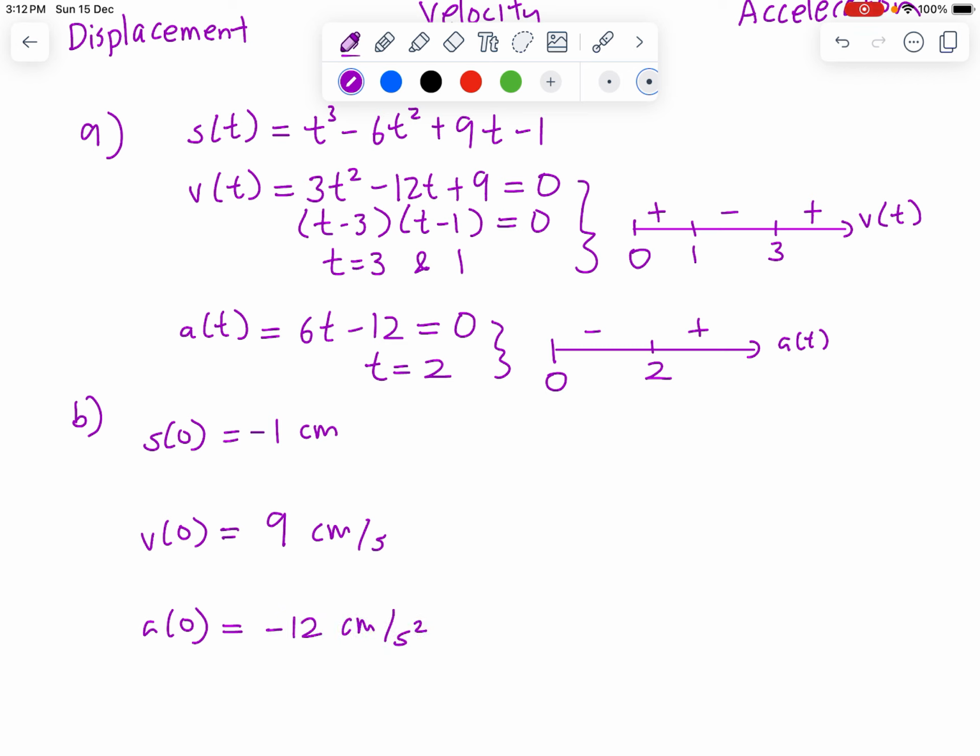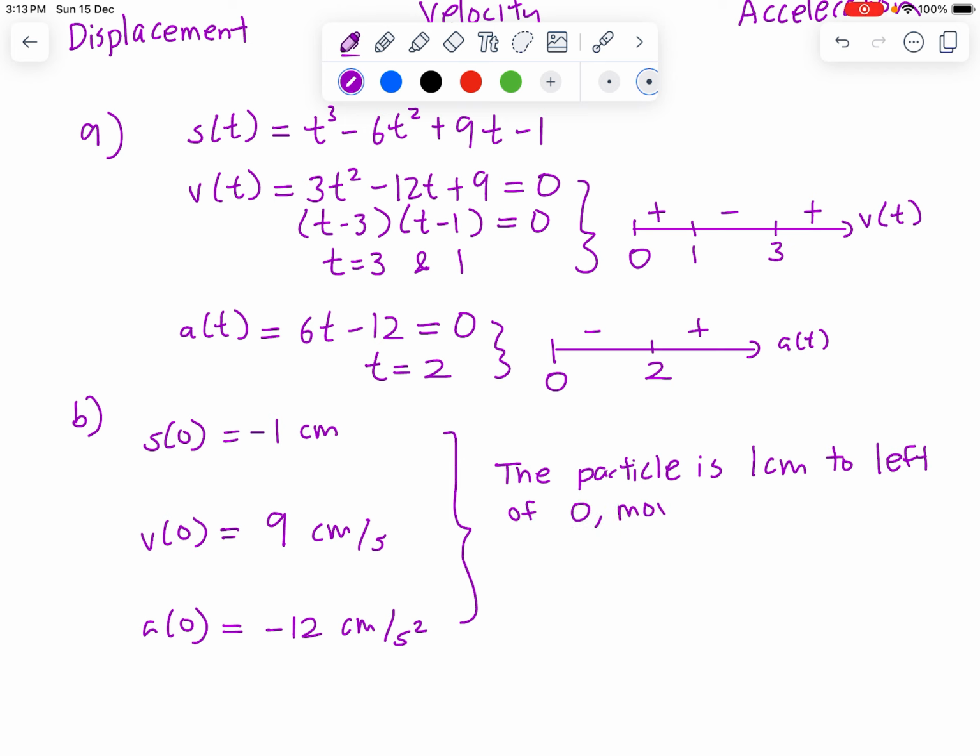And if we were to write that in sentence form, for the position, we know that it is a negative number, so the particle is 1 cm to the left of the origin.